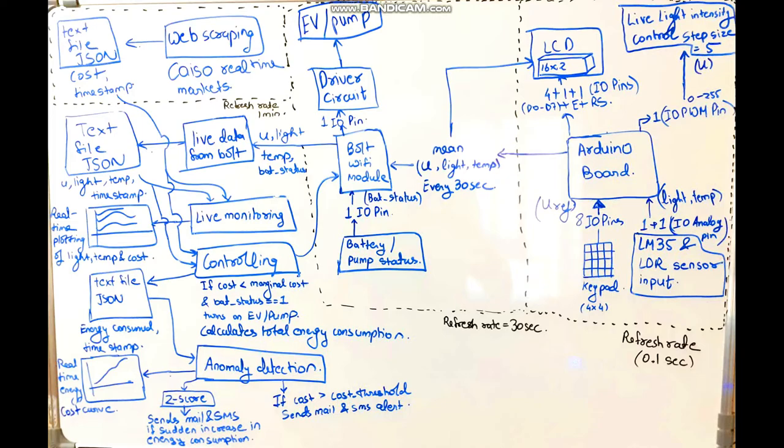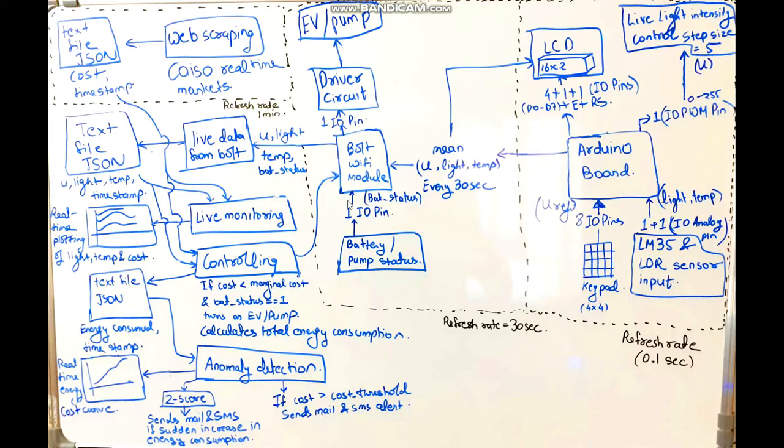If the cost is very high, the overall cost will obviously increase. So we can charge the electric vehicle and pump when the cost is low, when it is less than average.